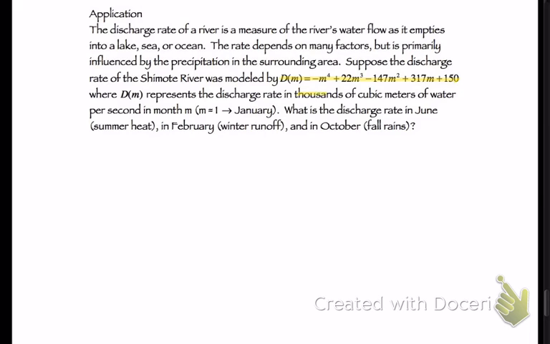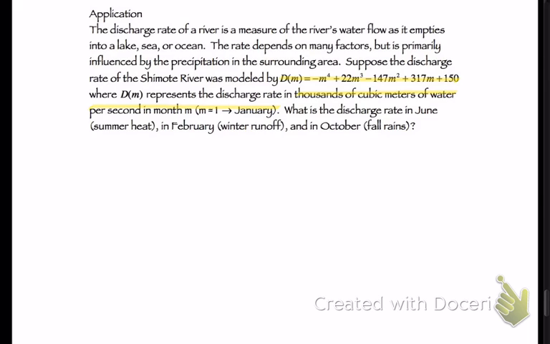In thousands of cubic meters of water per second, and 1 is equivalent to January. So I have to understand that when I plug in these numbers, my answer is going to be in thousands of cubic meters of water. Okay, so underlining, highlighting all that stuff, I think I got that, so I think I'm good to go.